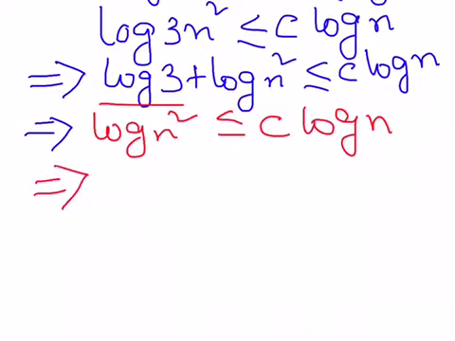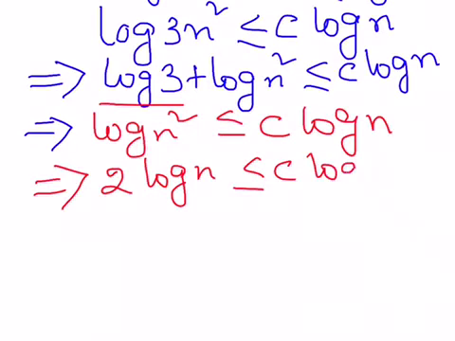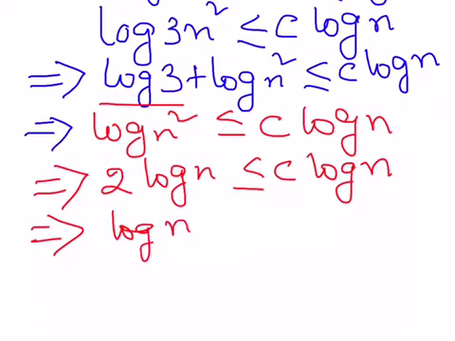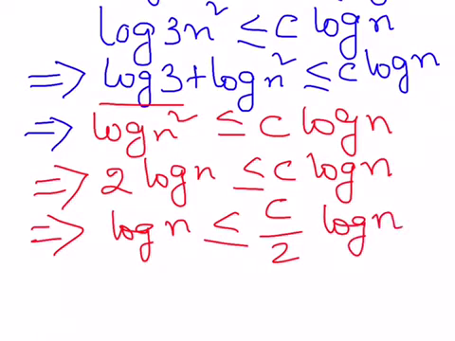If you remember another rule of logarithm, log of n square can be written as 2 times log n, which is less than or equal to c log n. In other words, finally we have to show that log n is less than or equal to c by 2 log n. Now we have the freedom to choose the constant c.